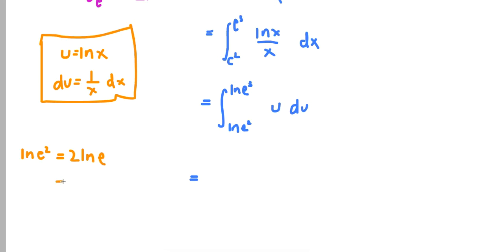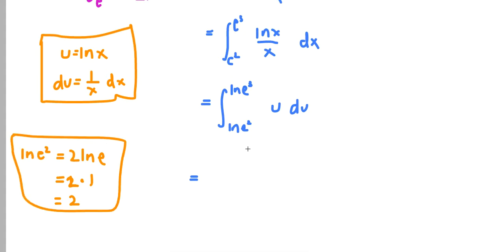But we also know that the natural log of e is just 1, because if we have base e, and we're solving for e to what power equals e, that's just going to be 1. So we have 2 times 1, which is just 2. Sorry, this is a 2 here. Okay. So we have that, again, as a little sidebar.